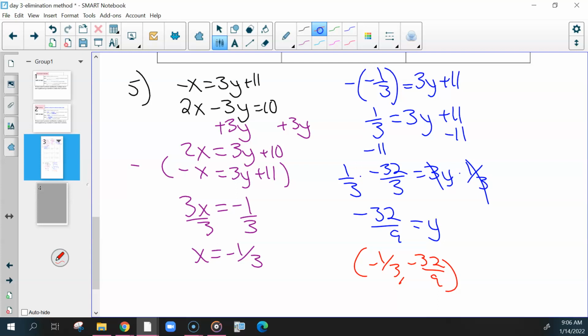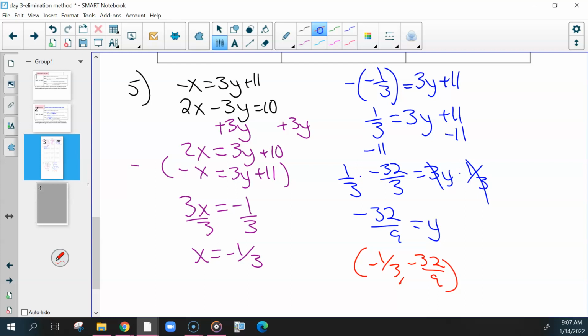That equals negative 32. Put over 9. So yeah, that would not have been a nice point to find if you were doing it on your own.